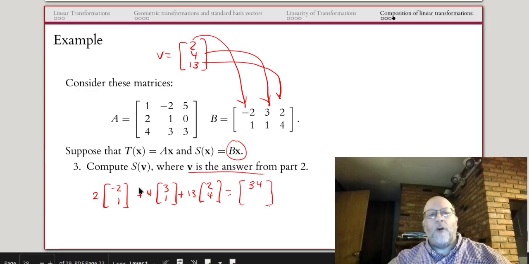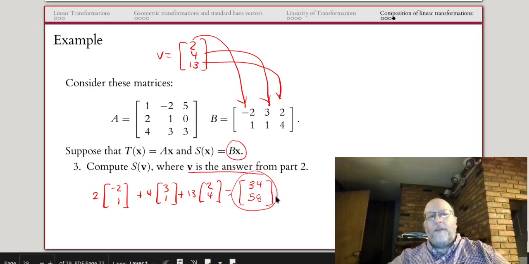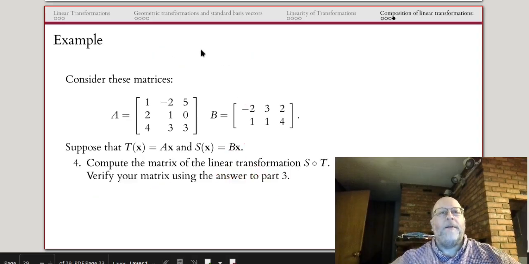In the bottom row, 2 plus 4 is 6. 6 plus 52 is 58. And so we're left with 34 and 58. And we're going to need to use this answer in the next problem. So 34 and 58, we're going to put on the next slide.